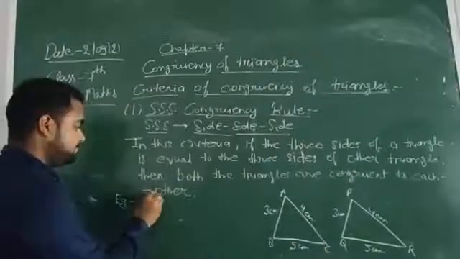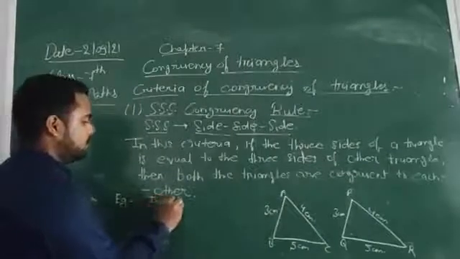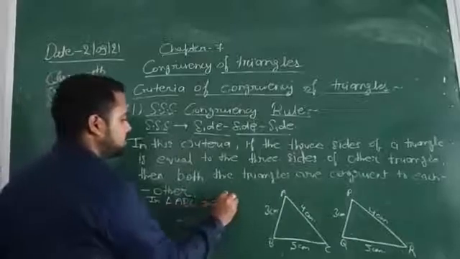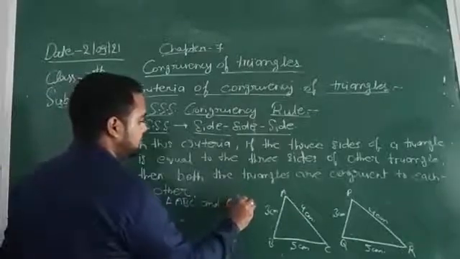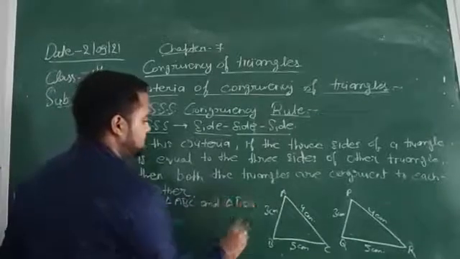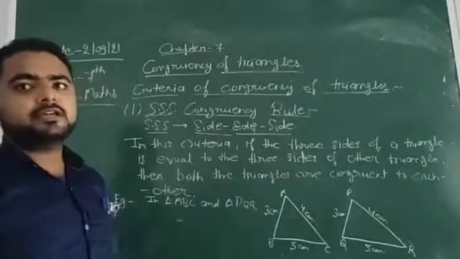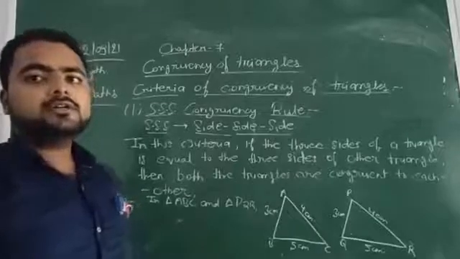Then in triangle ABC and triangle PQR, we examine here whether the triangle ABC and triangle PQR are congruent to each other or not.